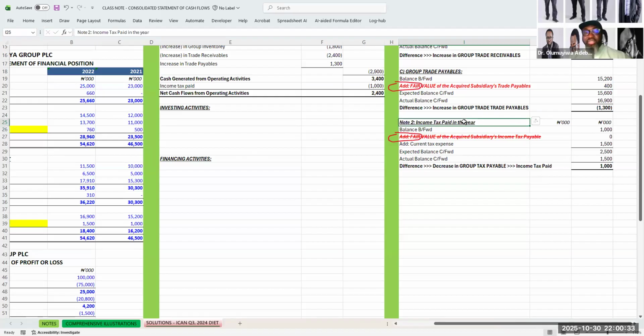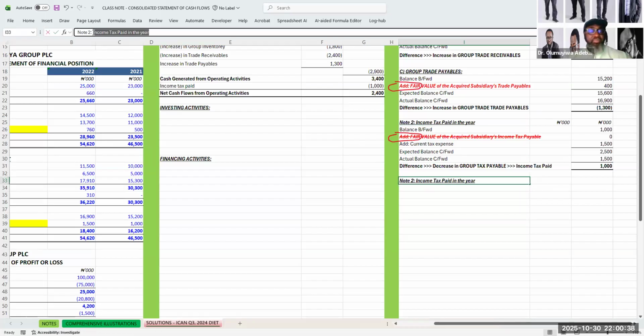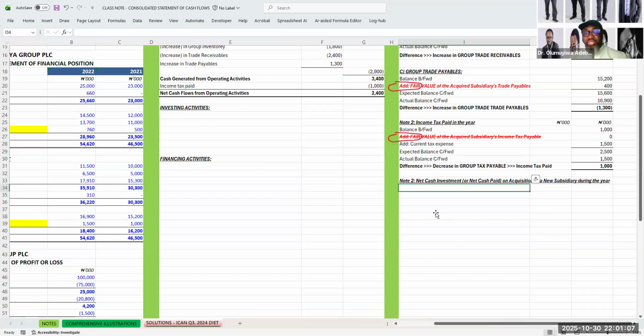Note 3 is that we want to determine net cash investment, or net cash paid on acquisition of a new subsidiary during the year. And what does that mean?